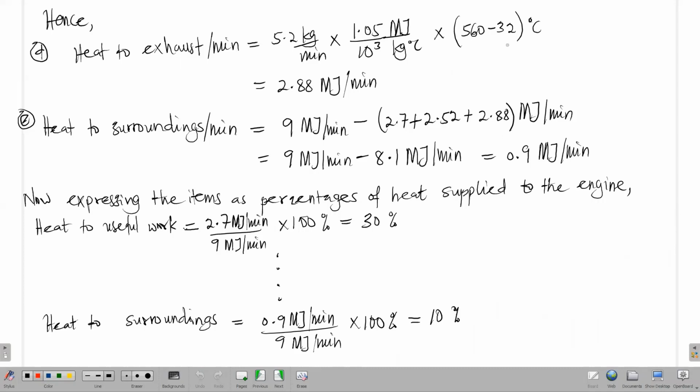The temperature rise of the exhaust gas is the T of the exhaust minus the T of the fresh charge, which is basically the air which was admitted into the cylinder through the inlet manifold. So we can say, okay, this is in, and then this is out. When you do that calculation, you arrive at this.